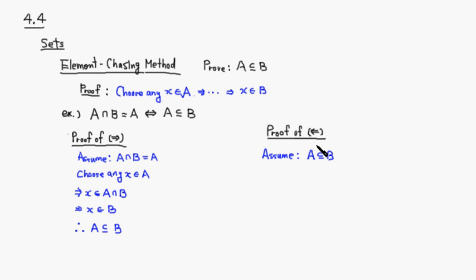Then we have to split into two element chasing arguments, because here the conclusion is an equality between two sets.